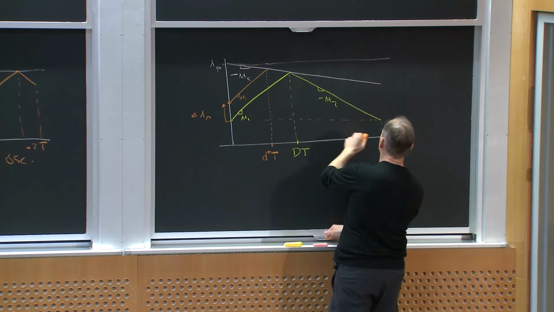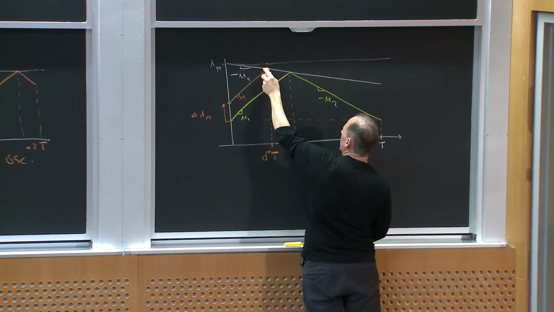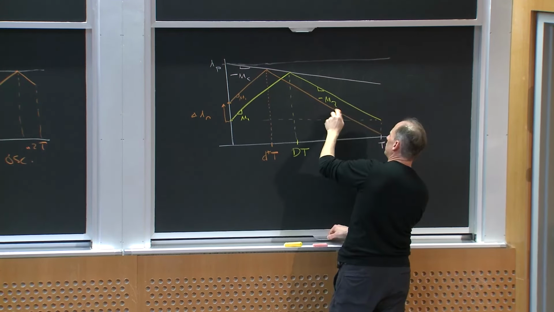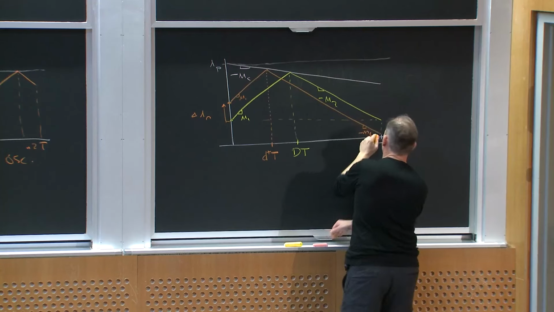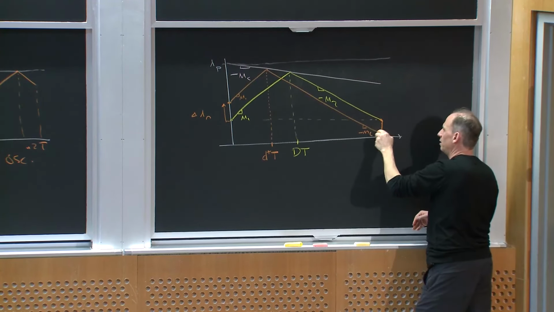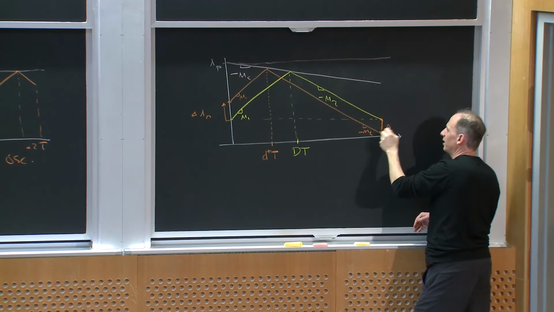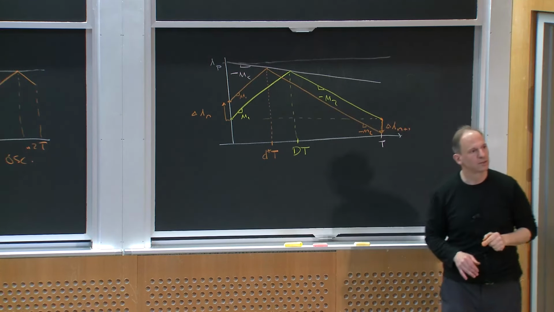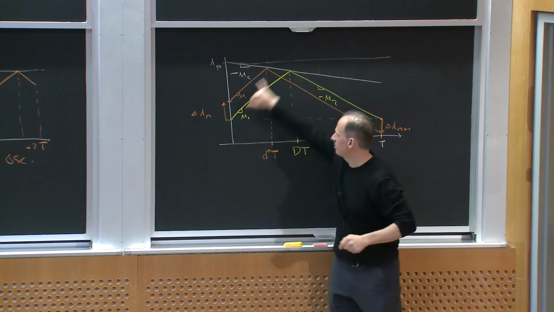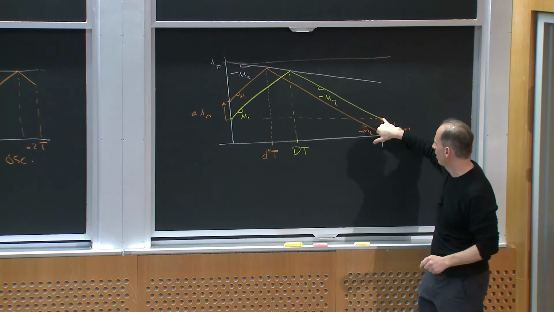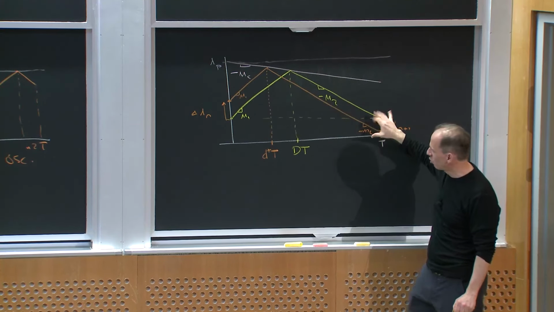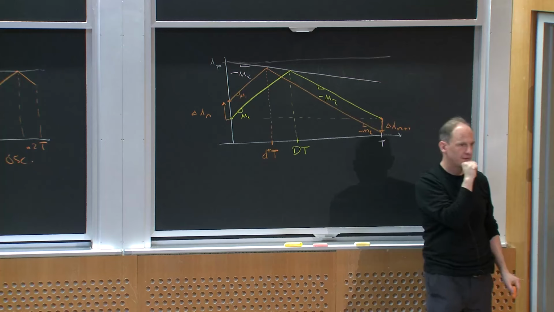And then he would fall at minus M2 like this. And then he would end up with some error at the beginning of the next cycle that I'll call delta I n plus 1. Okay? So if he starts off here, he's going to end off here, and I have a different error from periodic steady state at the beginning of the next cycle. Does that make sense?